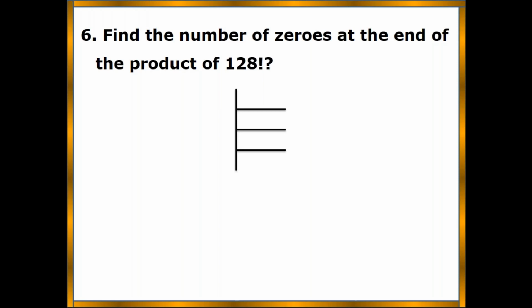Find the number of zeros at the end of the product of 128 factorial.